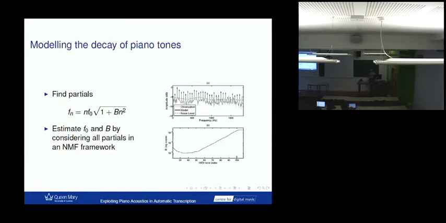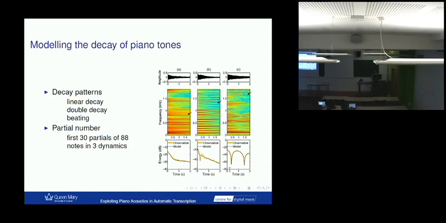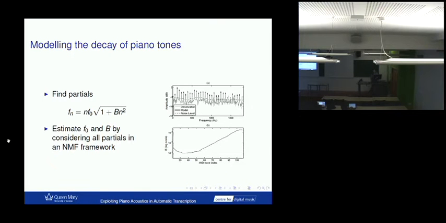Before we track the decay of each partial, we need to find the partials. We know this is the inharmonicity of the partials. So this is the fundamental frequency, and this is the frequency for the nth partial.